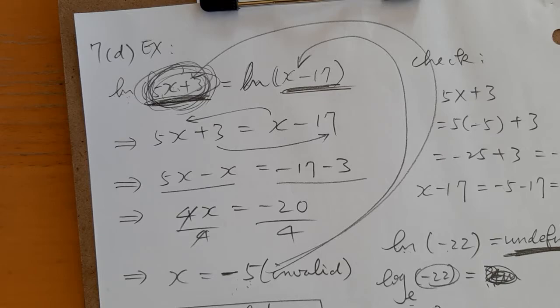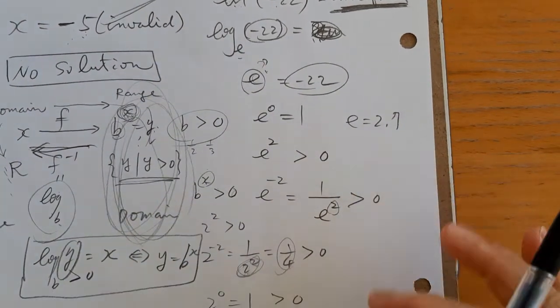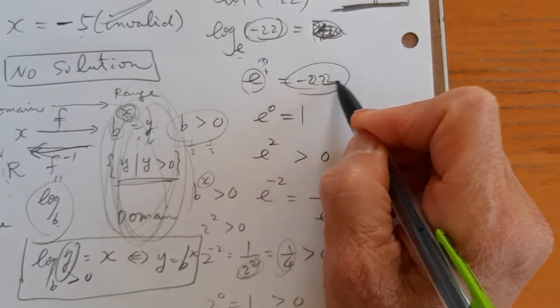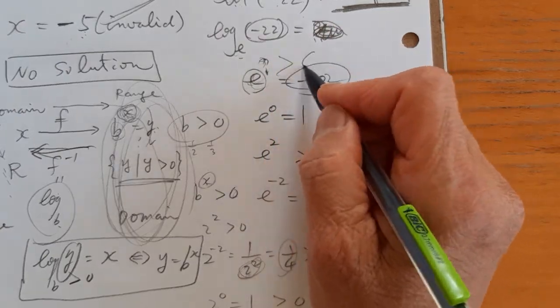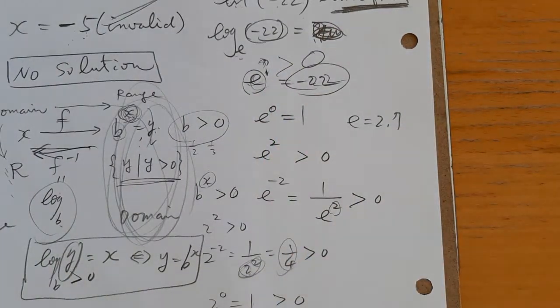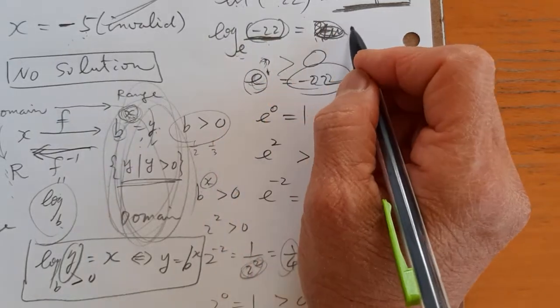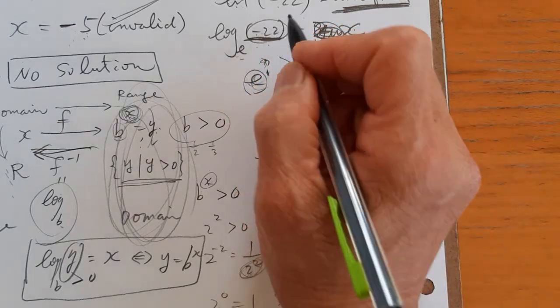So if negative, it is undefined, because there is no e to the power of any number that equals a negative number. No such number. e to the power of any real number is going to be positive, never negative. So you never get a number x such that e to the power x equals negative 22.